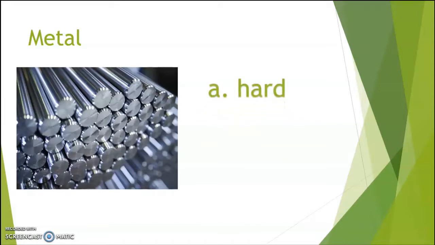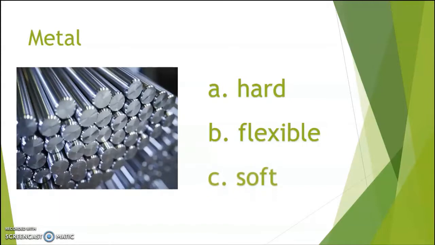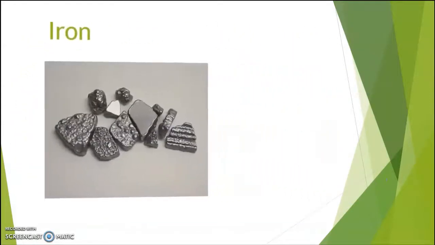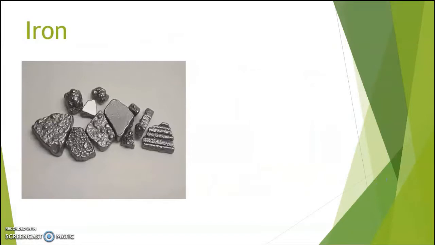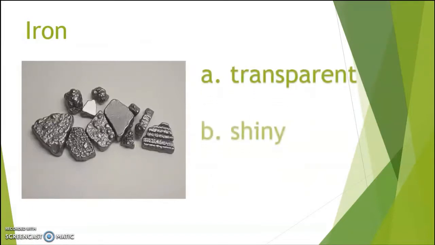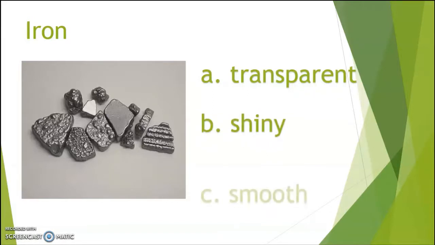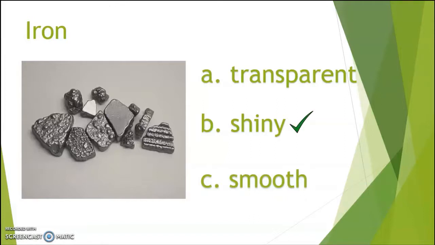And then this one, the metal, is a hard one. Okay. Is it A, hard? Yes. Is it B, flexible? Is it C, soft? Of course, I mentioned it. Yes, hard. Now, the iron. Is it A, transparent? B, shiny? C, smooth? What is your answer? Yes, letter B. It is a shiny one.